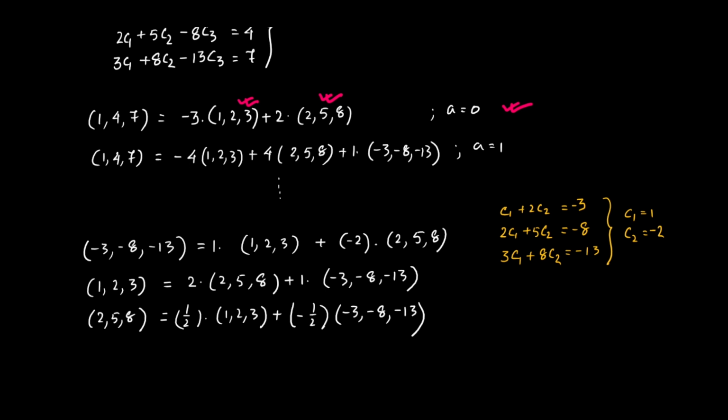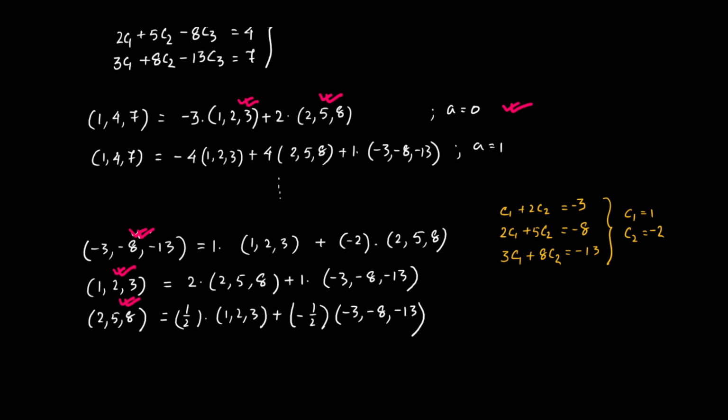Now, that means we have got such a set of vectors. If I consider a set of these three vectors, then these three vectors form a set where any of the vectors can be represented as a linear combination of the other two vectors.